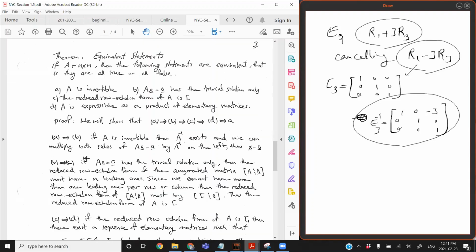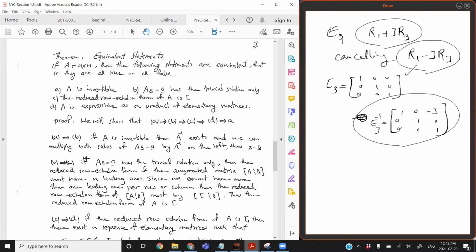Okay, so now we have a theorem, which is probably the most important theorem in linear algebra. It's called the theorem of equivalent statements. So this theorem begins with 4 statements that are all equivalent, meaning one of them implies the other. That is, if one statement is true, then the others are true, and if one statement is false, the others are also false.